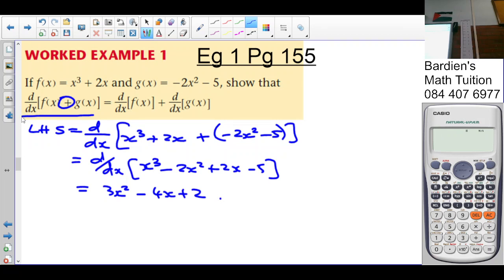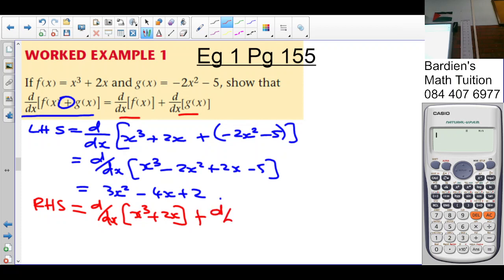Now let's look at the right hand side. Here you're going to take the derivative of every expression there. So it's d of dx, the derivative with respect to x, of f of x, which is x cubed plus 2x, plus d of dx of minus 2x minus 5. Okay, so let's apply the derivative.